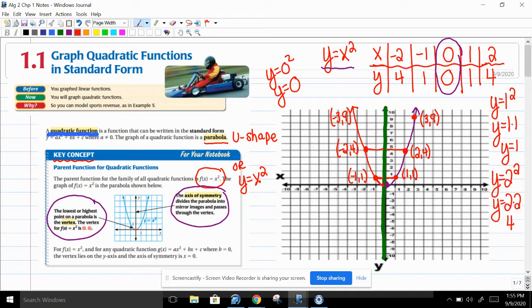So that's what we mean when we talk about our parent function, y equals x squared, which is this graph. They have it a little bit neater for you over there. That is our parent function for quadratic equations. That's what everything works off of.